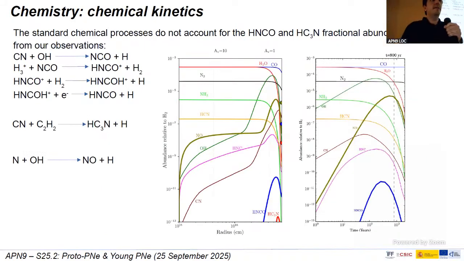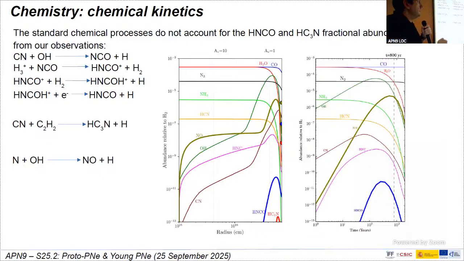Applied to the nitrogen-bearing molecules, it is disappointing from the chemical perspective that you don't reproduce the observed abundances in general for the most fancy molecules, HNCO or HC3N, except for nitric oxide, which in principle is well reproduced by the models.